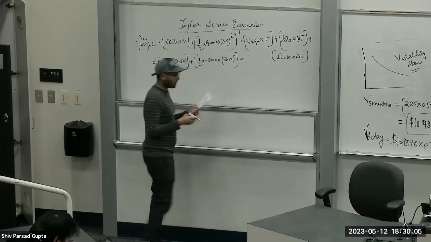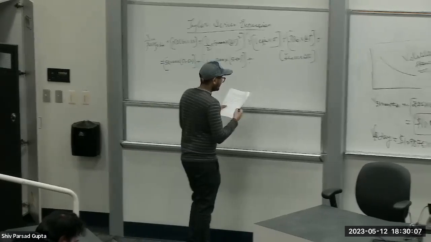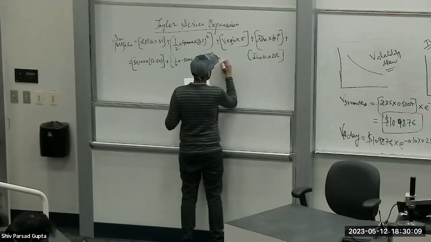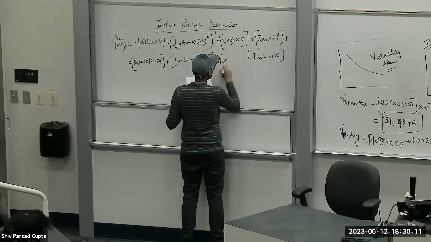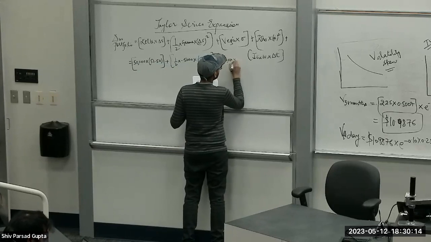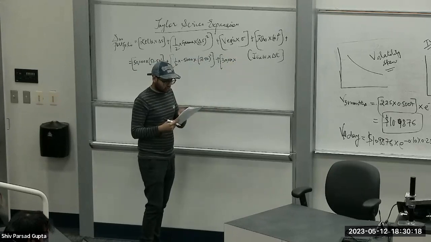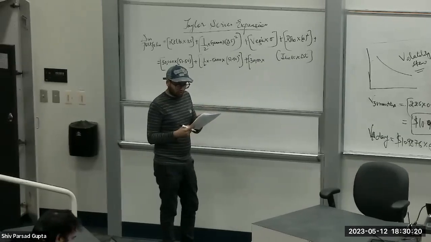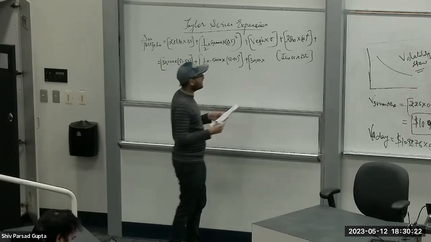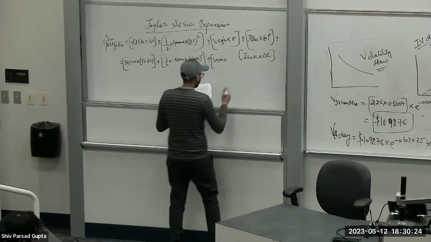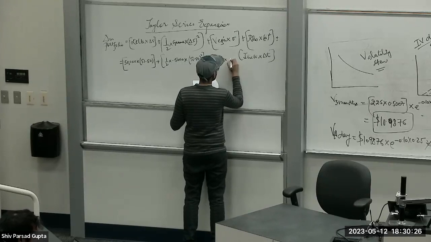plus vega we have been given as minus 300,000 into volatility. So we have been given the volatility has to be 25. So the change in the volatility is 25% to 23%, right? So the change in the volatility is 23% minus 25%.